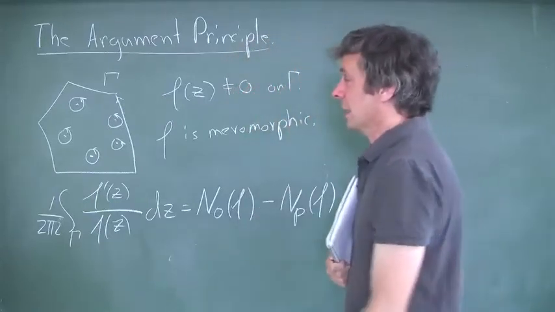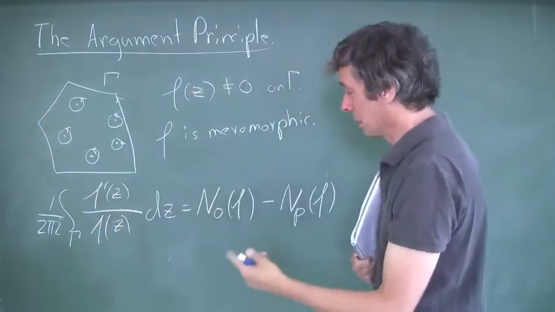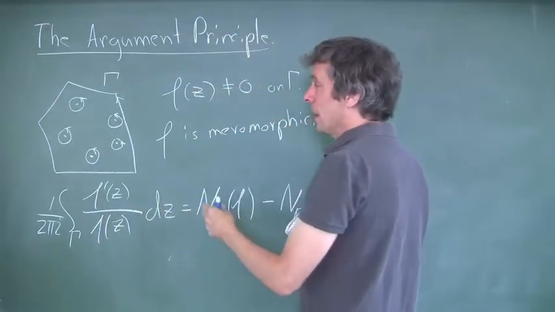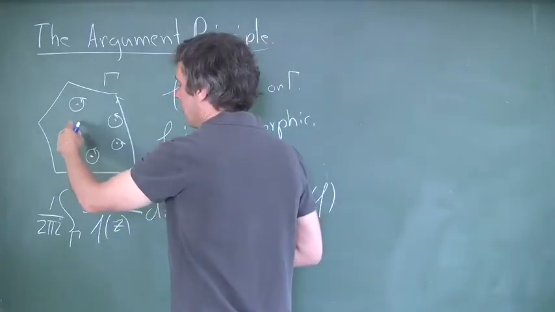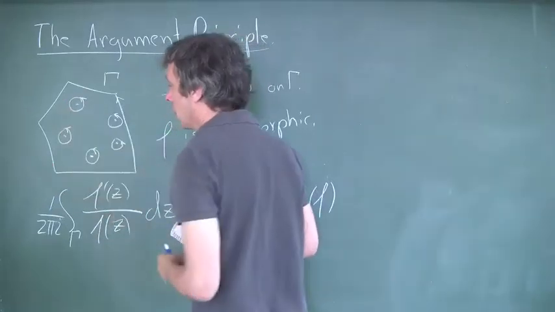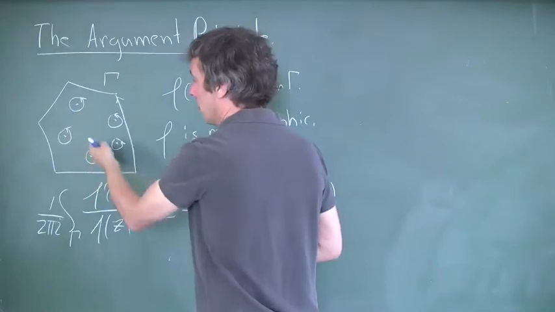And inside each circle there will only be 1 zero or 1 pole, which you can of course achieve because they will form a discrete set. And if we now prove this principle for each one of these small circles, then we can simply add the result from all these small circles.